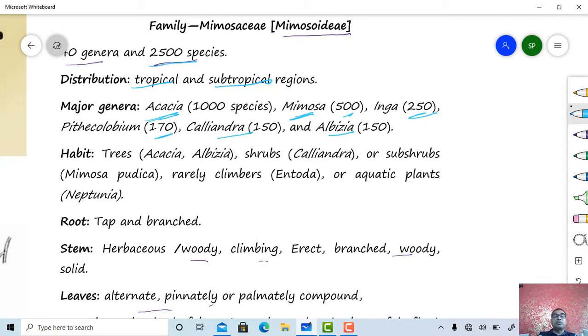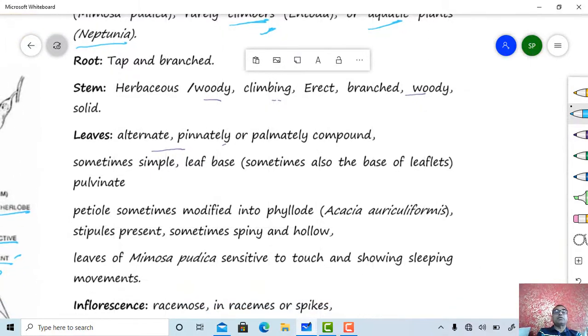If you see the habit, almost trees, shrubs, subshrubs, climbers, as well as aquatic habit is present in the Mimosaceae family. Most of the plants are trees, some are shrubs, very few are subshrubs, very rare are climbers, and plants like Neptunia show the aquatic habit. As it is a dicot plant, it shows a deep taproot system, which is again branched.